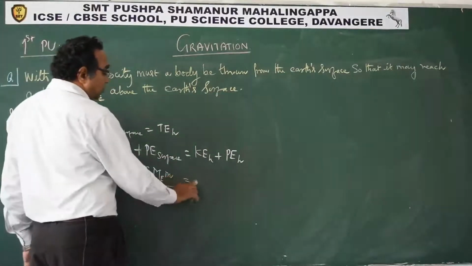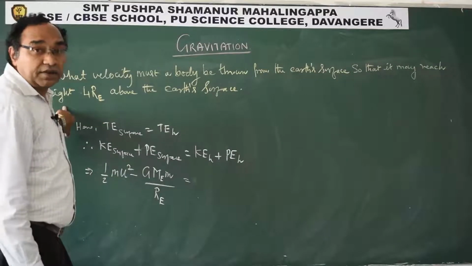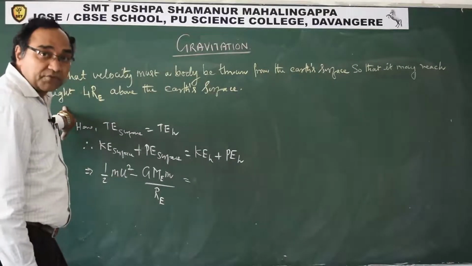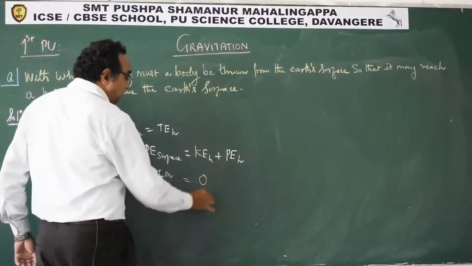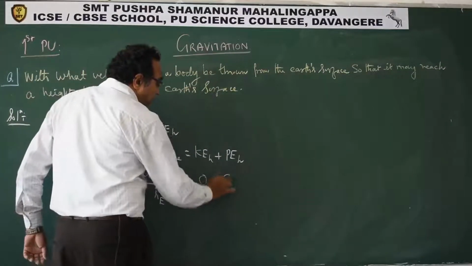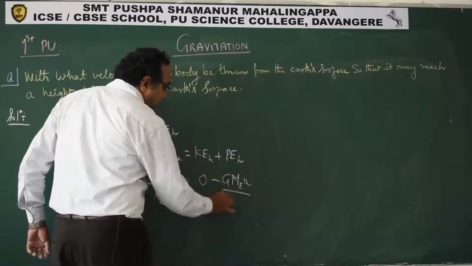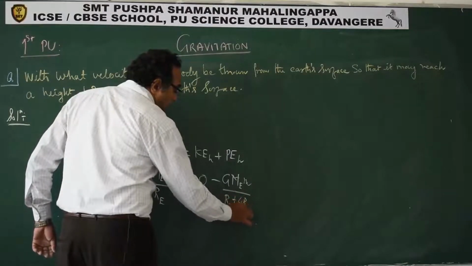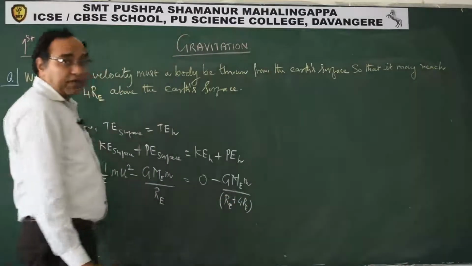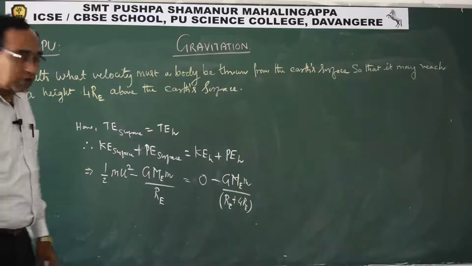This is equal to, we need that it reach a height of 4 times the radius of earth, where it will momentarily come to rest. So the kinetic energy is 0 and potential energy is minus G times mass of earth times m by (Re plus 4Re). This is exactly what we get from the law of conservation of energy.